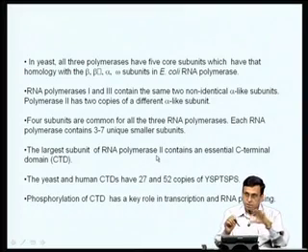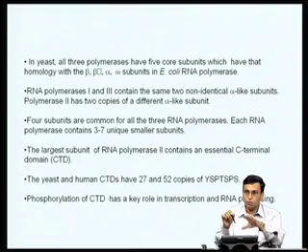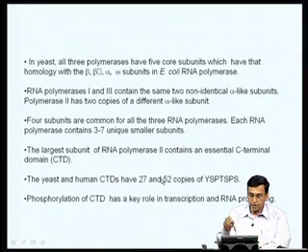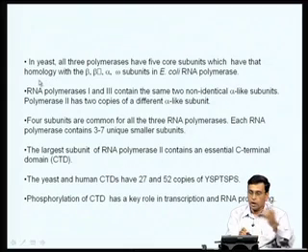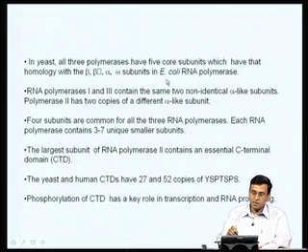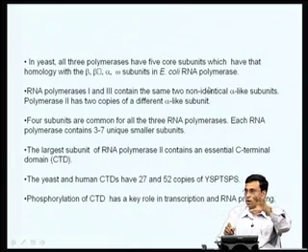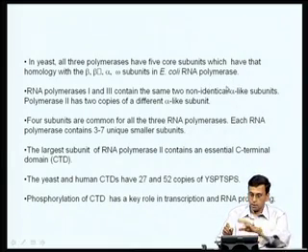Now, let us see what the commonalities and differences are between the various RNA polymerases in eukaryotes. In the case of yeast cells, which are also eukaryotes, all the 3 RNA polymerases have 5 core subunits which have homology with some of the subunits of E. coli RNA polymerase, clearly telling that they all originated from the E. coli RNA polymerase as the ancestor for the evolution of these eukaryotic RNA polymerases.